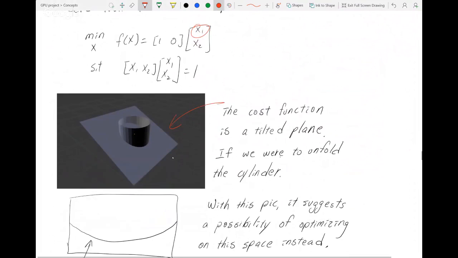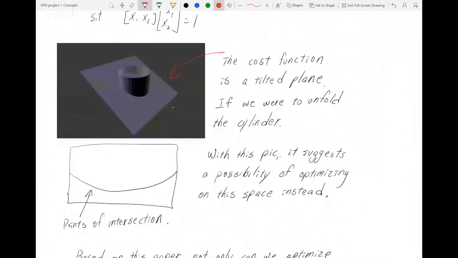When we do this perspective shift, the point of intersection from the perspective of the cylinder looks like a simple curve. Well, this is very interesting because if we can solve this problem on a simple curve using something like gradient descent, it is very easy to do. Whereas from this perspective, it's very difficult to do.